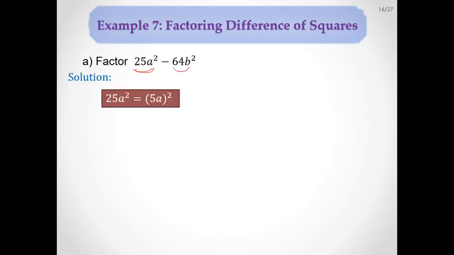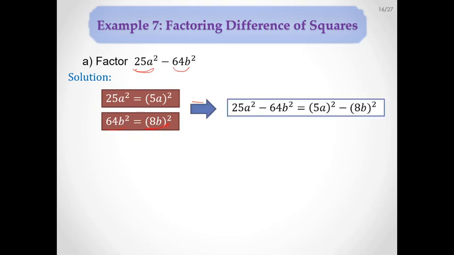Now let's see an example. Factor 25a squared minus 64b squared. The first question is, are these perfect squares? Yes, 25a squared is a perfect square, and 64b squared is the square of 8b.